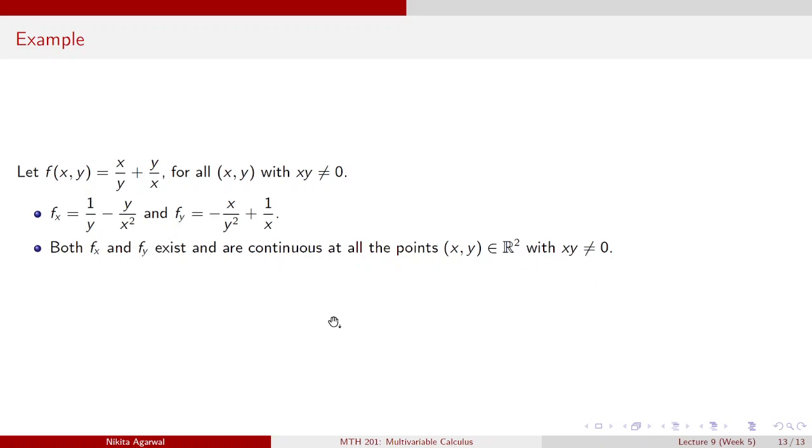You can see that. And hence f is a C1 function on its domain, which is all the points (x, y) of R2 such that x times y is non-zero. And therefore, because the function is C1, it is differentiable at all the points, right, by the previous slide. So let us stop here.